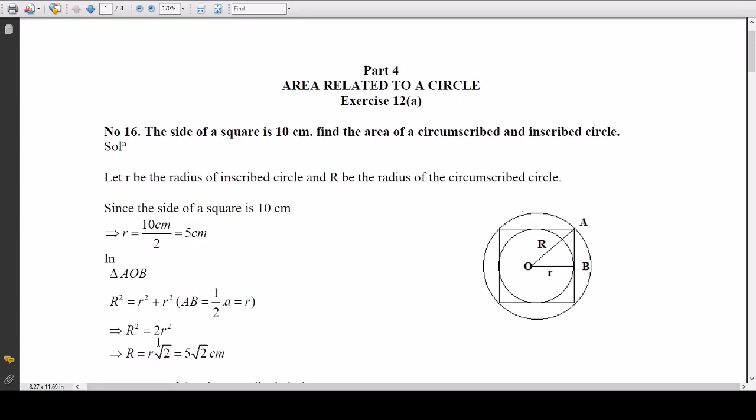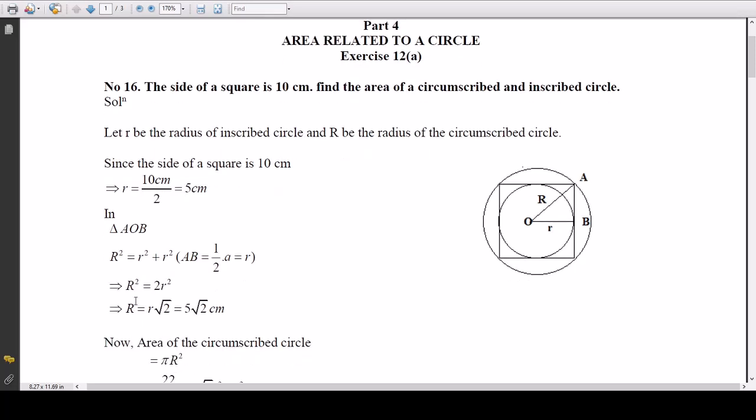Therefore capital R should be how much? 5√2. Clear? R square equals 2 r square. If you take the square root of this, r will come outside of the root sign, only 2 will be inside. Therefore R is equal to small r√2, but r is 5. Therefore capital R will be 5√2 centimeter.